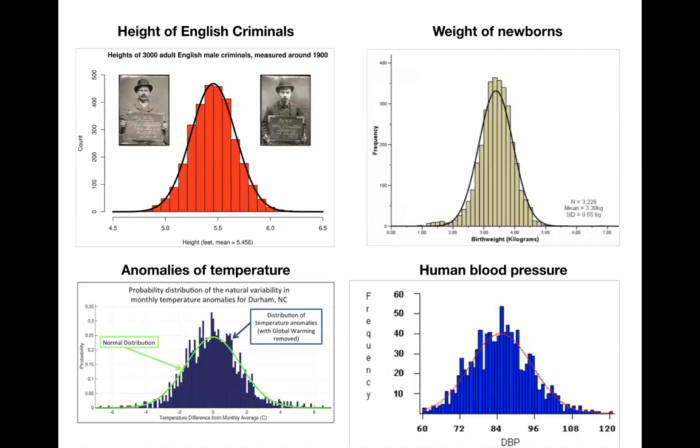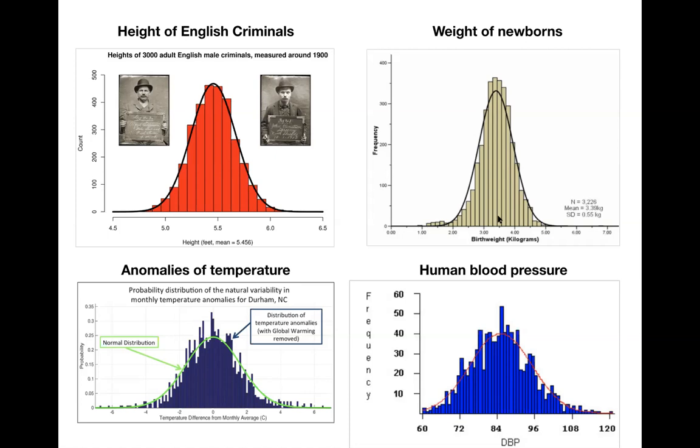Okay, so let's take a look at a couple more examples of real life data that follows the Gaussian distribution. The first one is the heights of English criminals. This is 3,000 male criminals measured around 1900. And you can see that's a very nice Gaussian distribution. You don't even need this black curve to show it.